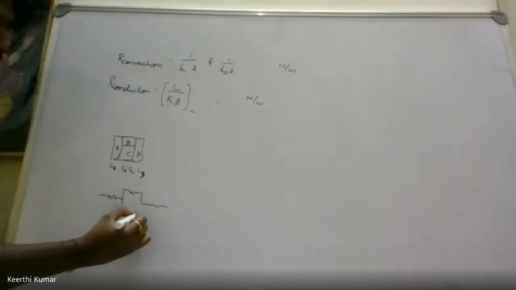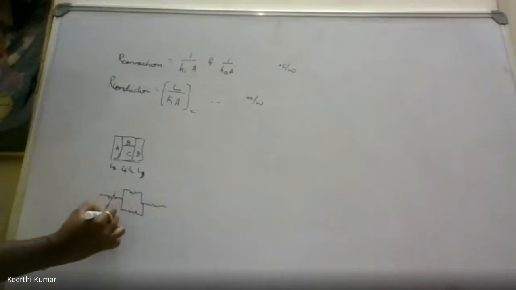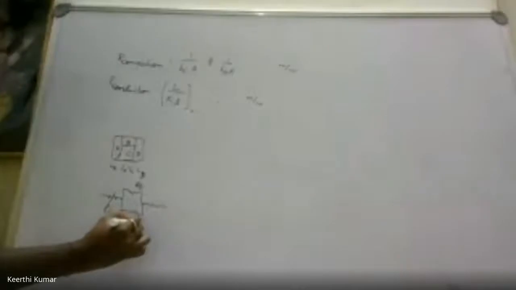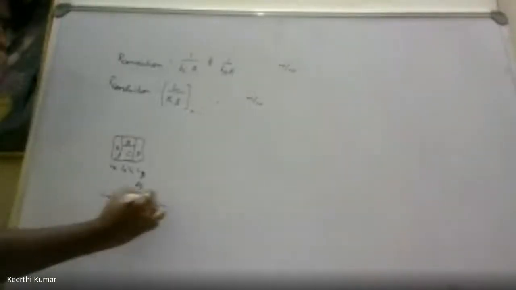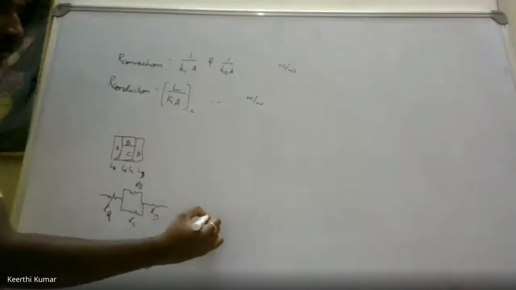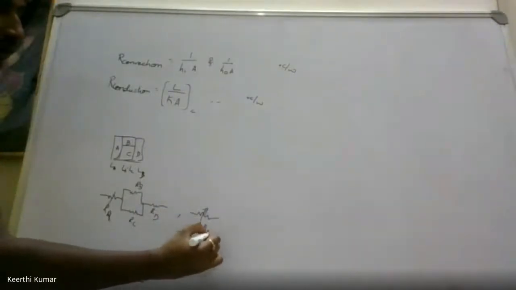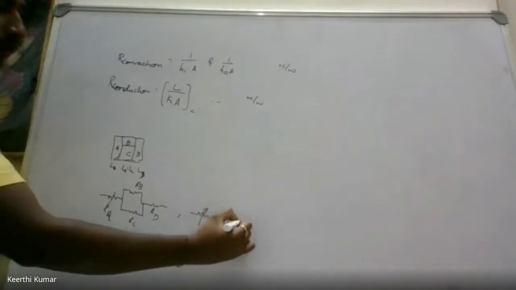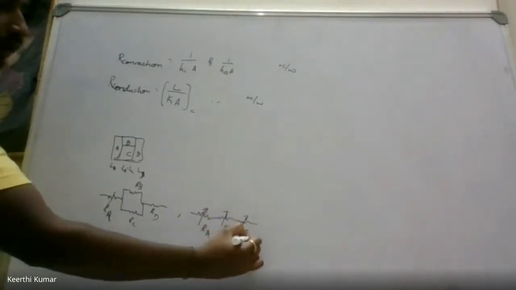This is Ra, Rb, Rc, Rd. We have to convert this parallel arrangement into series. So Ra, RBC we have to get, and Rd.